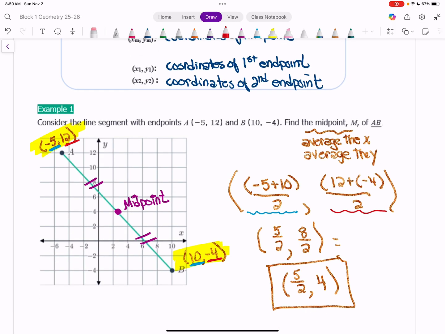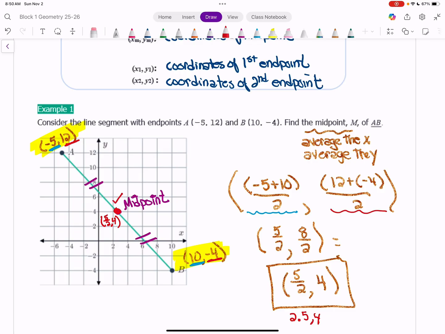And you notice you get 5 halves, which is 2.5 and 4. And if you look at the plot, this is at 5 halves and 4. So you know you've done it right.